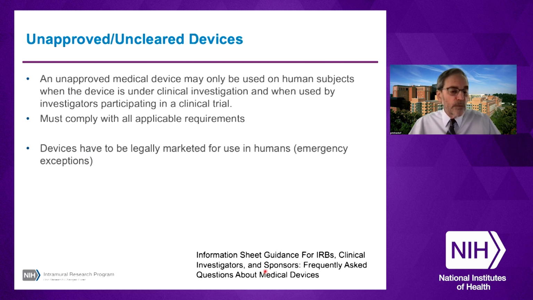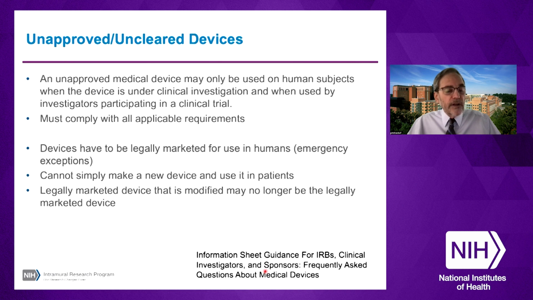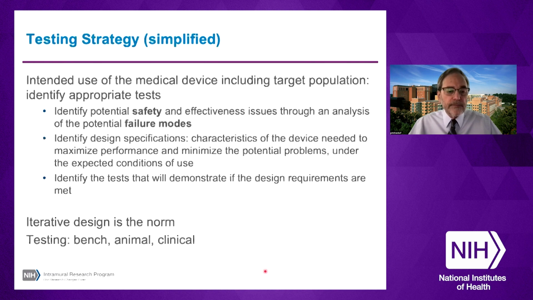There are emergency exceptions. You can't simply make a new device and start using it in patients. And a legally marketed device that's modified may no longer be the legally marketed device. So if you buy a legally marketed device and you change it, add something, alter it, you probably aren't dealing with the legally marketed device anymore. You've now made it into an unapproved medical device.